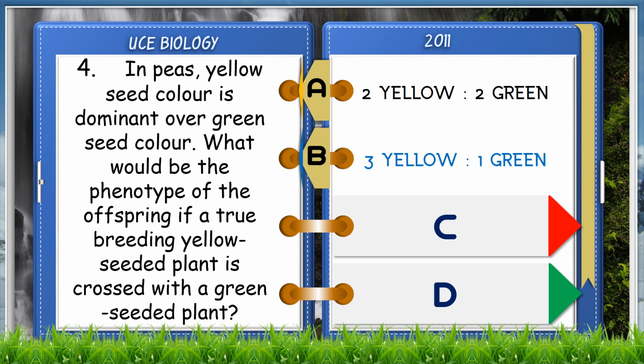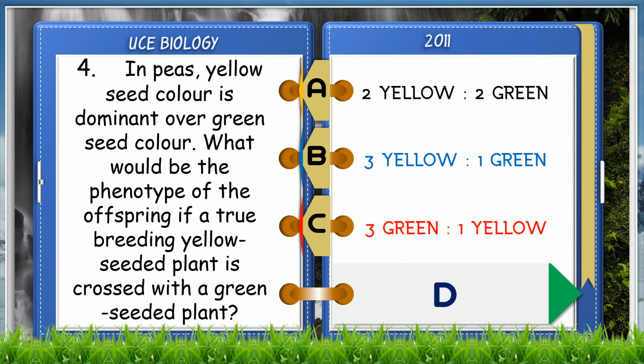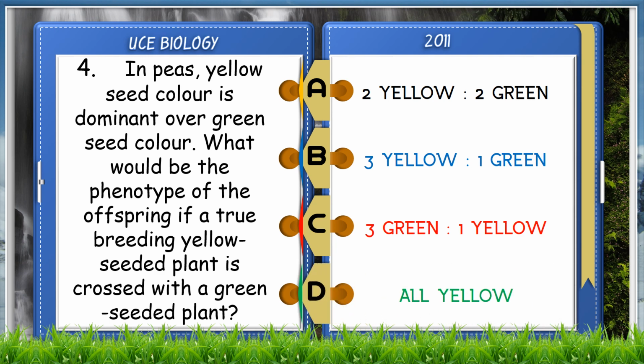B. 3 yellow, 1 green. C. 3 green, 1 yellow. D. All yellow. The answer is D. All yellow.